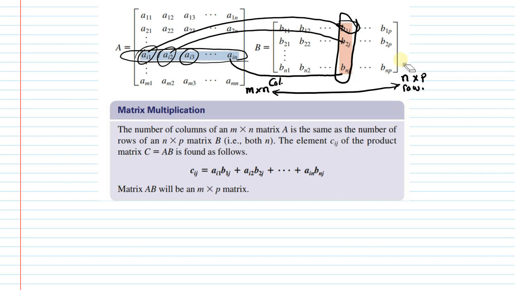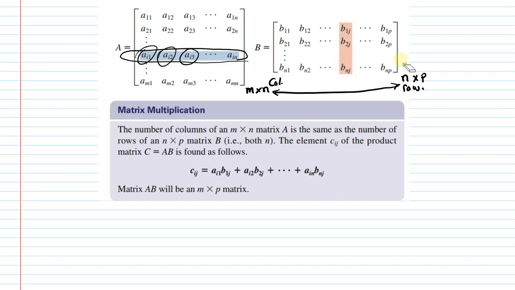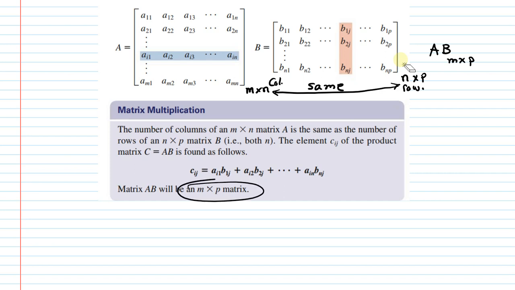That one-to-one correspondence of elements makes sense. So don't forget, these inside numbers must be the same. The outside numbers, m and p, give the size of the final matrix AB, which is m by p: m rows and p columns.